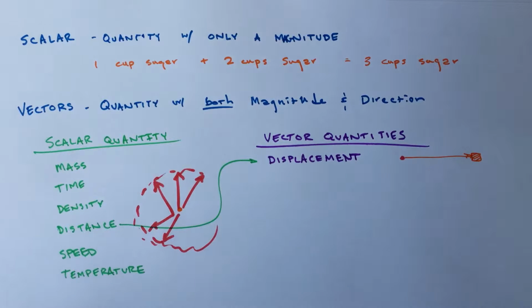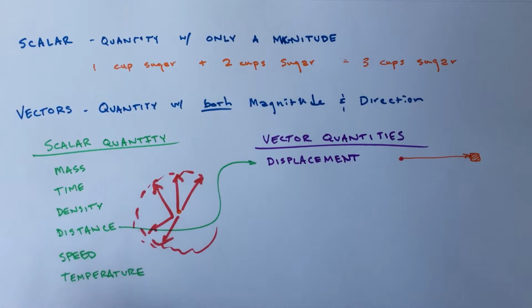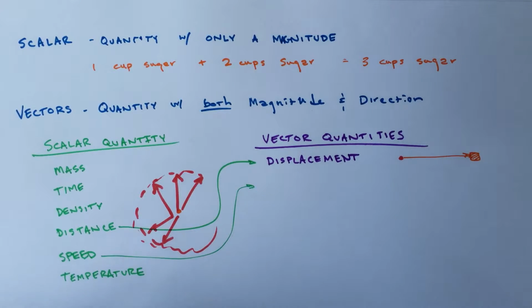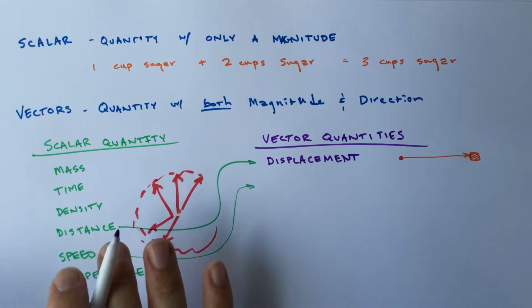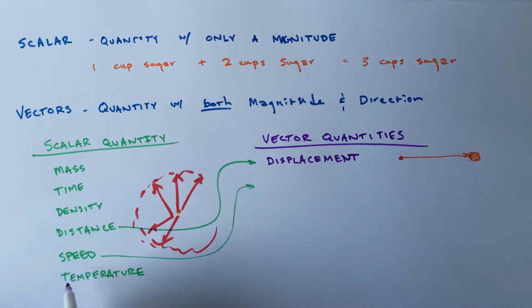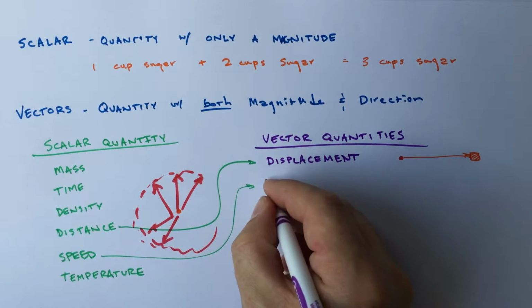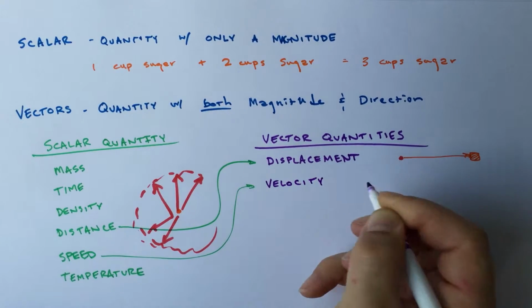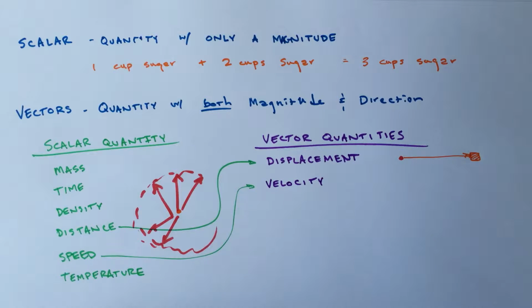All right. Speed also has a corresponding vector quantity. Sometimes the two are confused, but speed, like in your car, your speedometer, only shows how fast you're going. It does not represent which direction you're going, but there is a vector quantity for speed that is called velocity. So a speed might be I'm going 5 miles an hour.